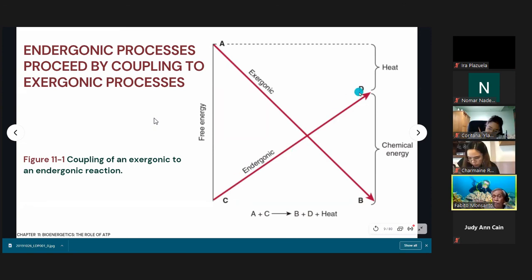This is the analogy: just like going downhill, you don't need energy.